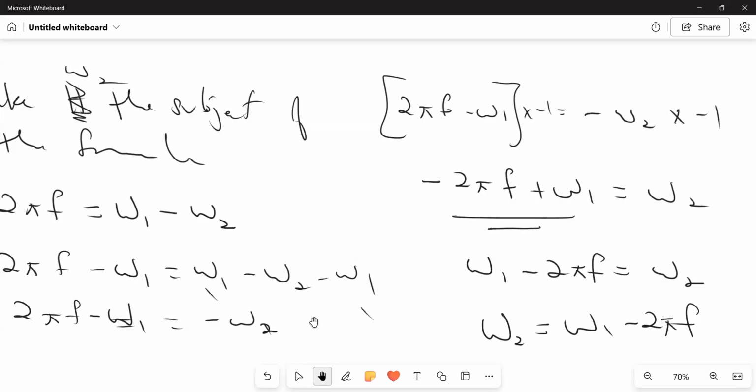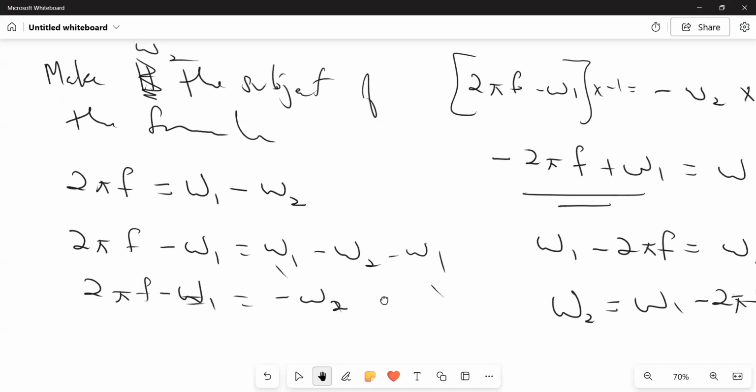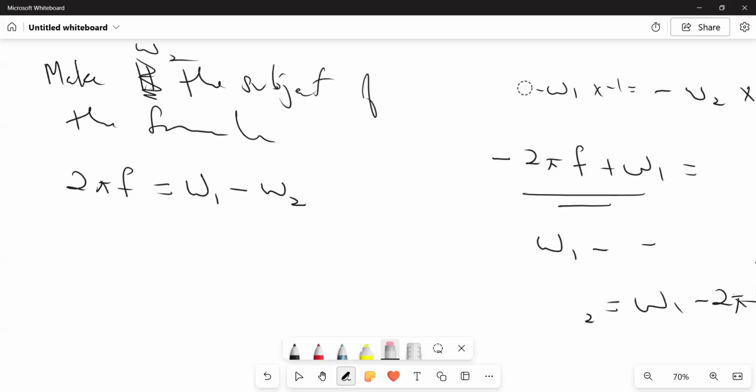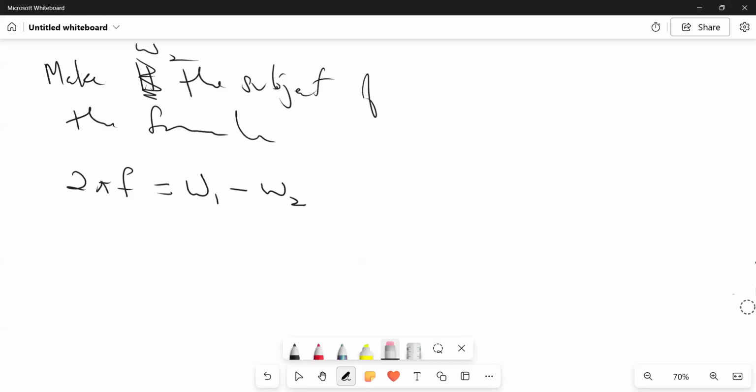Of course, there's a shortcut that you can do this as well. And let me share that with you. Instead of doing it this way, a lot of students who are very good at the maths and do it over and over, you could do it this way. You could take this minus 2 pi f over here and it becomes positive, right?